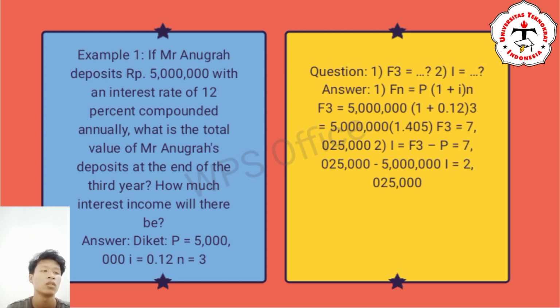And number 2: I equals F3 minus P equals 7,025,000 minus 5 million. I equals 2,025,000.